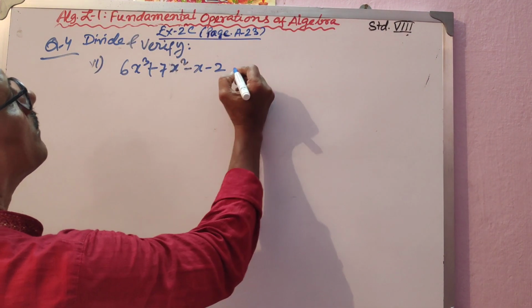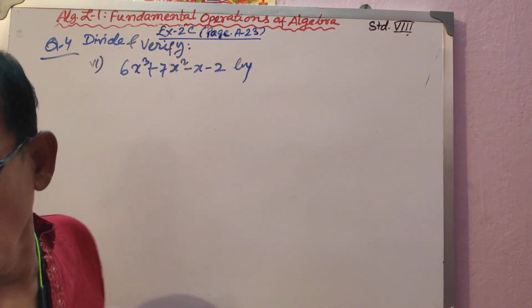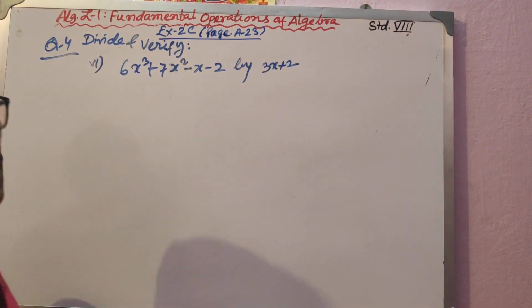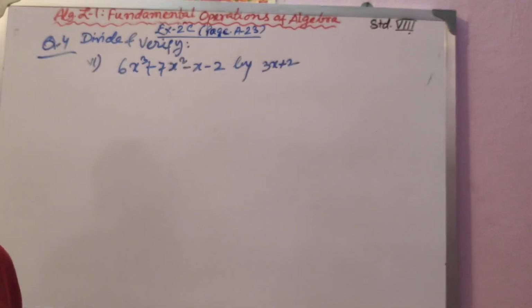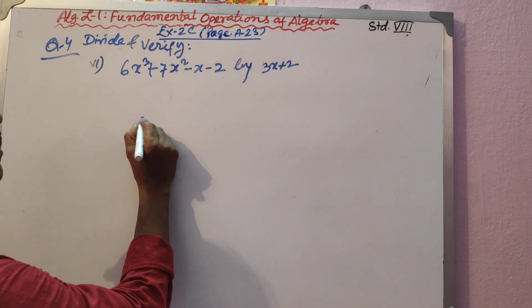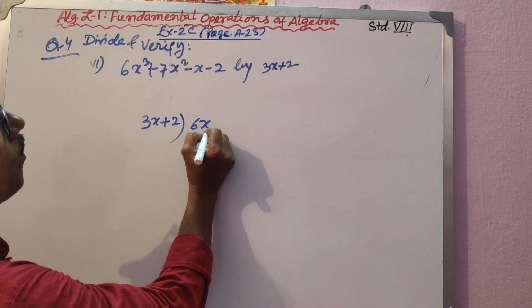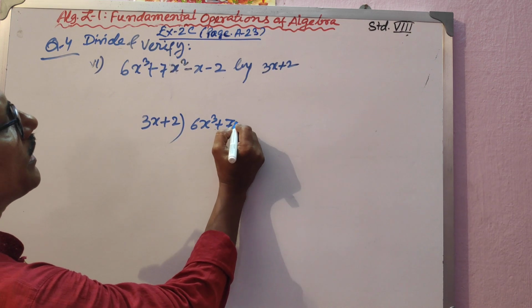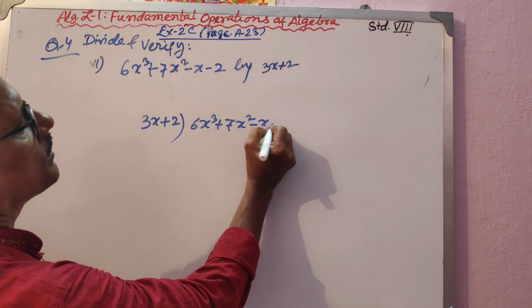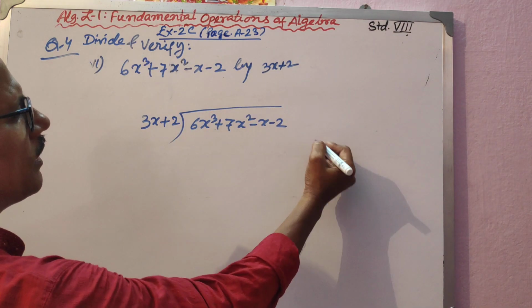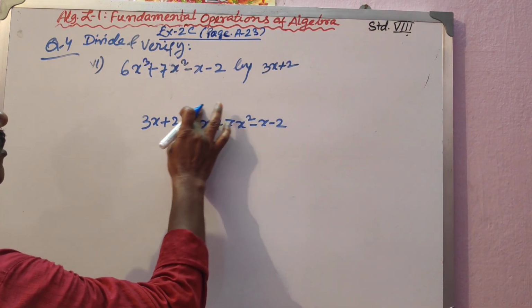By 3x plus 2. What will you do when the divisor is binomial or trinomial? That time you come for the original process of division with the division format, and see, very interesting to solve it. Now what will you do? You can write the question this side, you can write the question on top.